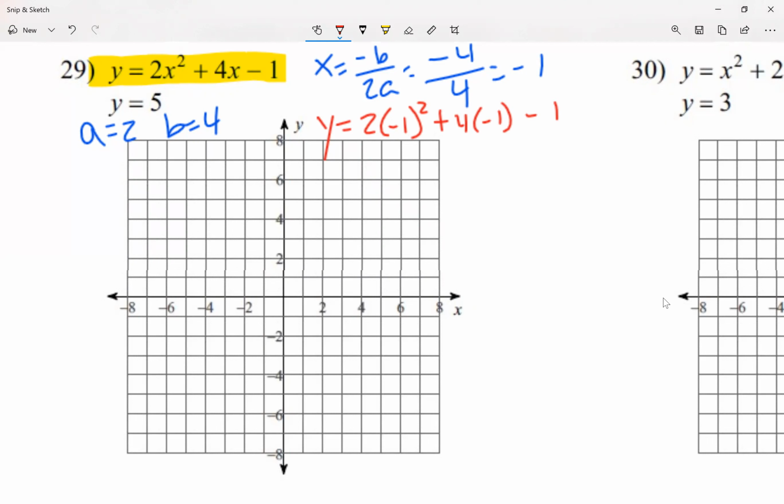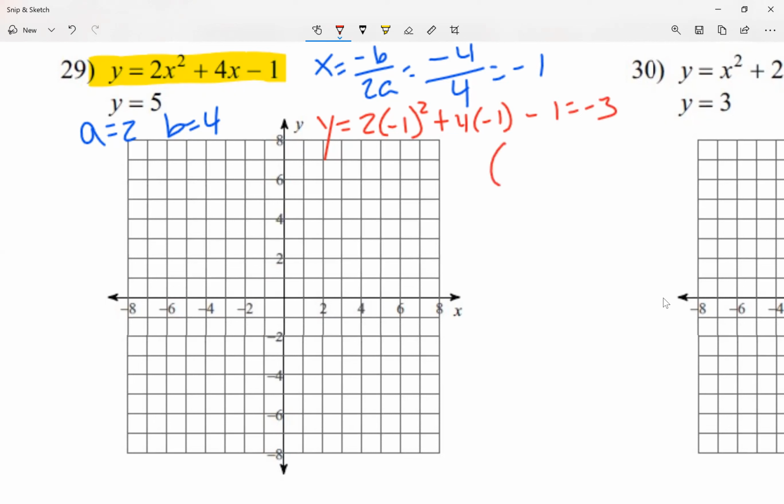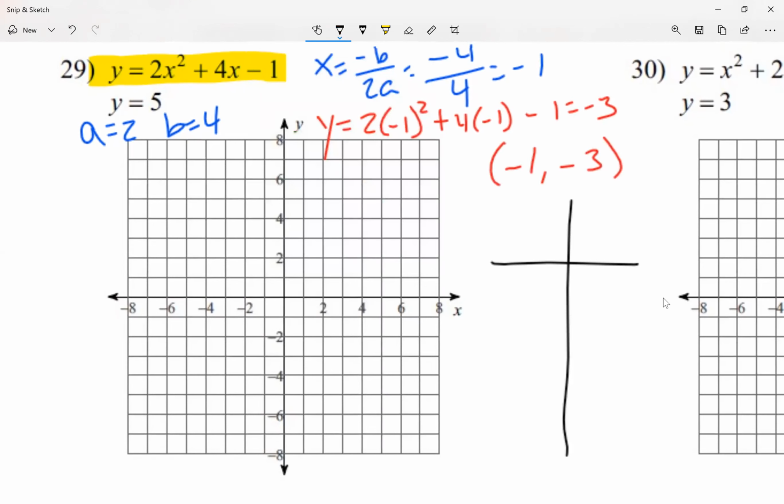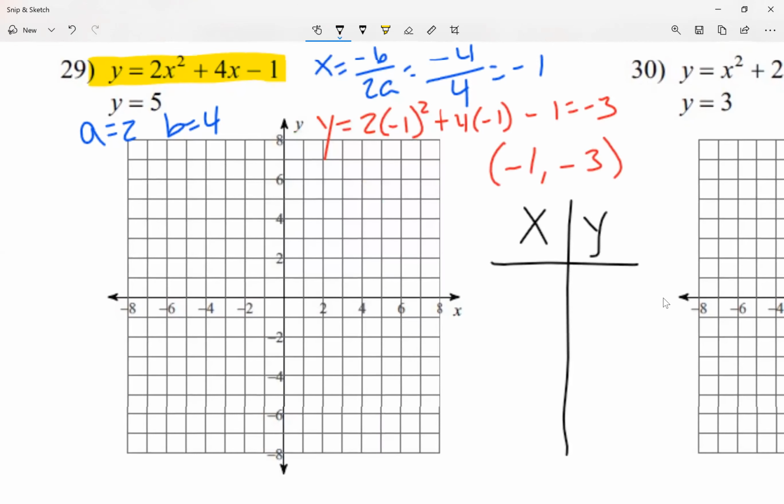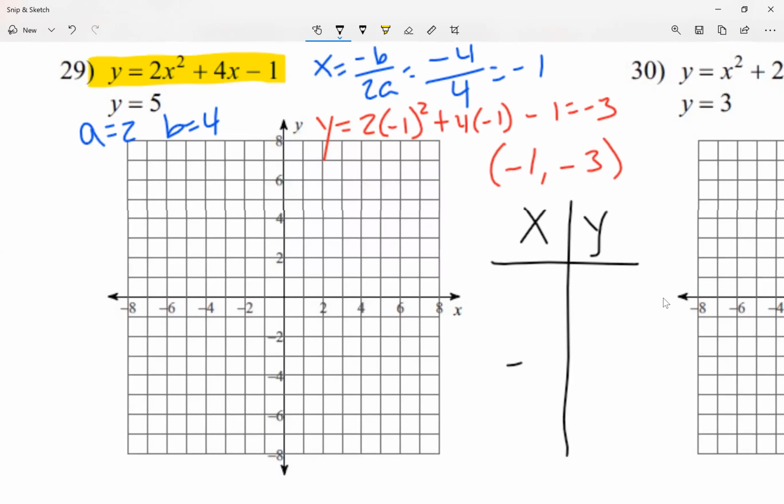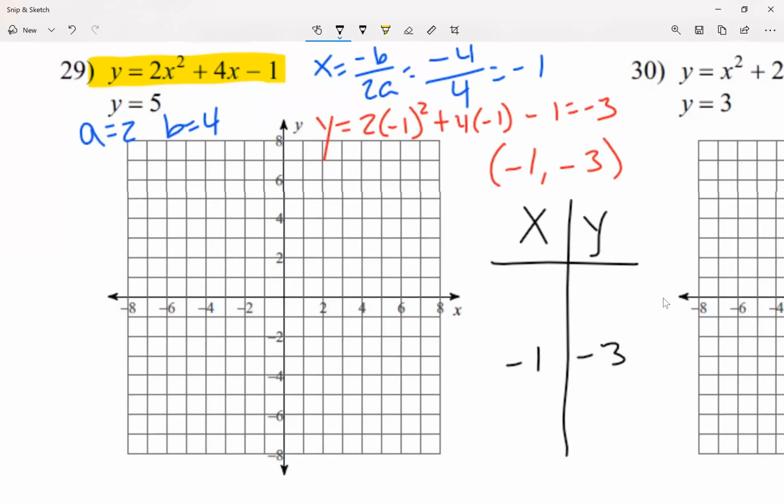So 2 minus 4 minus 1 gives me -3. So I know my vertex is the point -1, -3. That's the vertex, right? So I'm going to create a chart of x and y. My vertex is right here in the center, -1, -3.